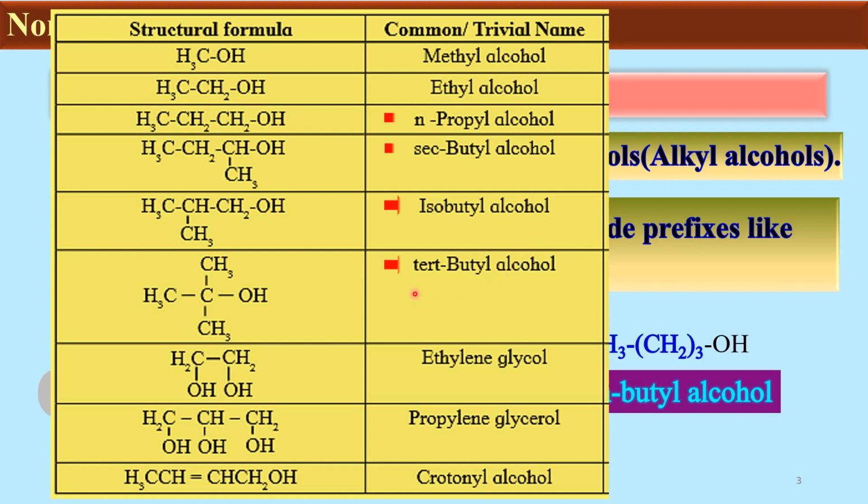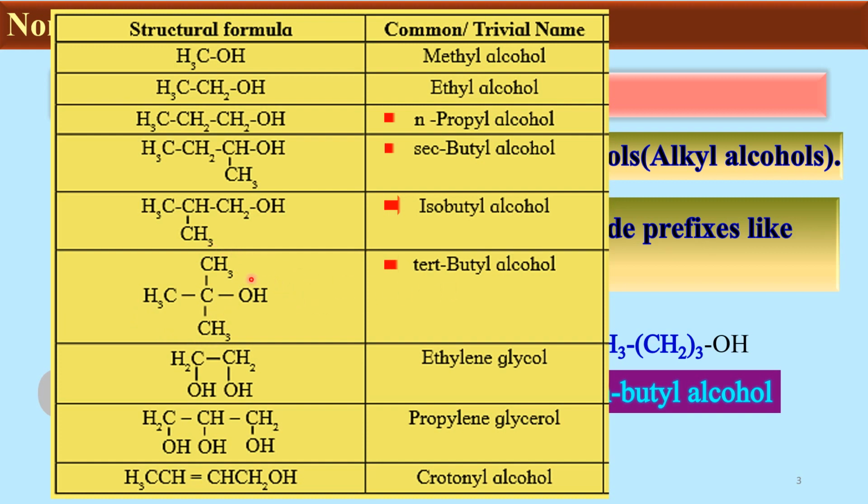Let's talk about tertiary butyl alcohol. Here, in this case, the OH group is attached to the tertiary carbon atom of the alkyl group which contains 4 carbon atoms. Since it contains 4 carbon atoms, it is the derivative of butane.